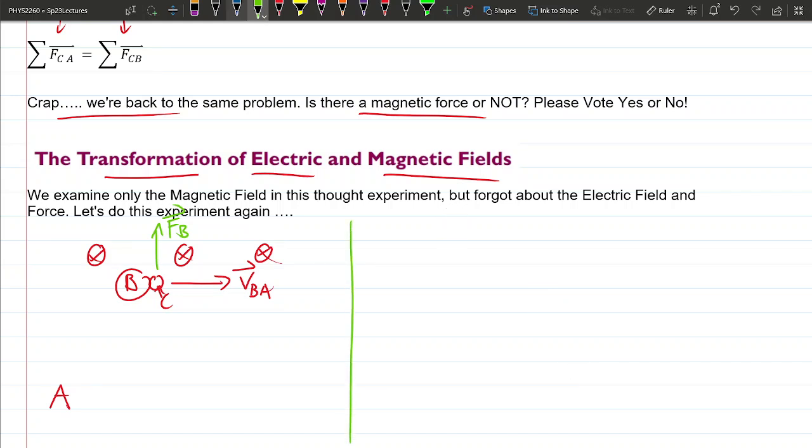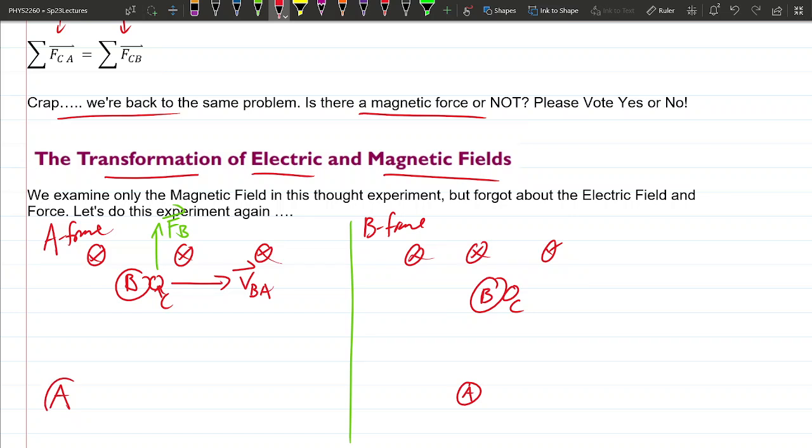So let's call this the A frame, and this is going to be called the B frame. In Brittany's point of view, she is running in her own place, and the charge is not moving relative to her. But Alex is the one that's actually moving.